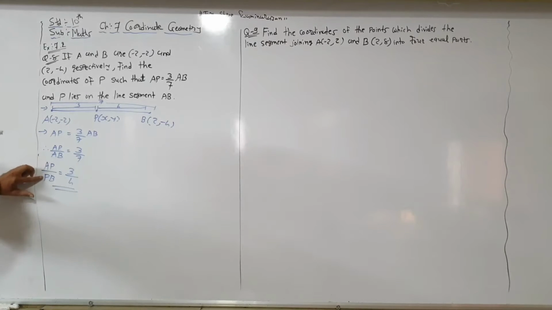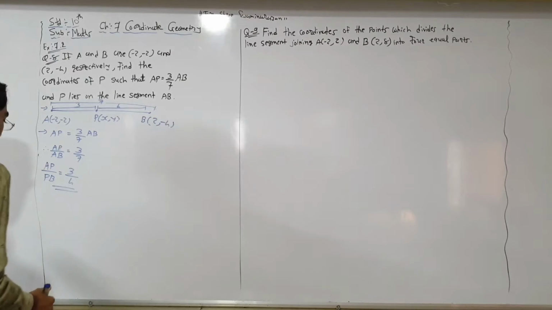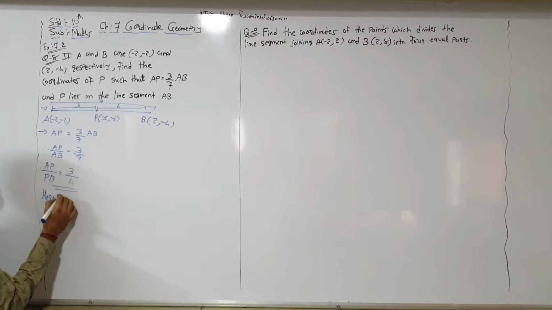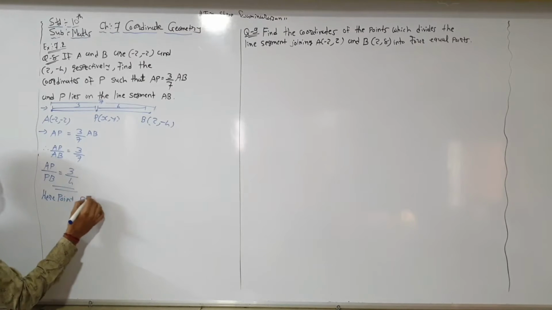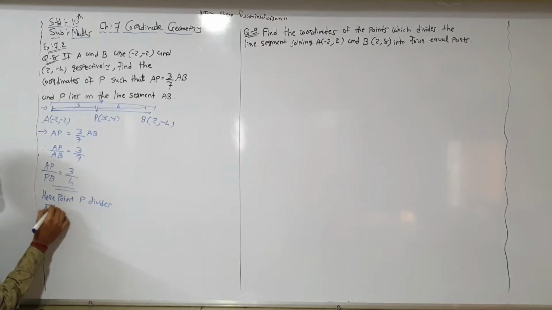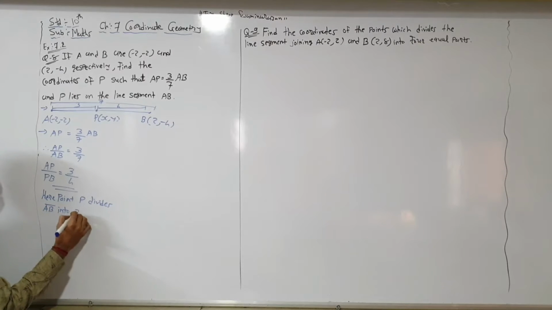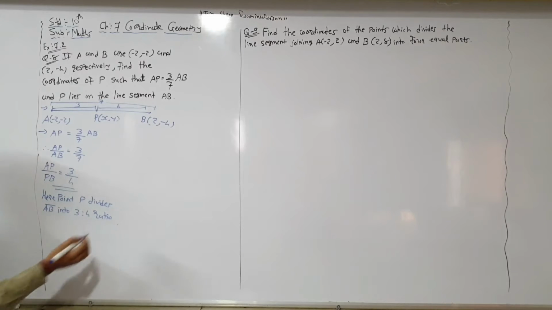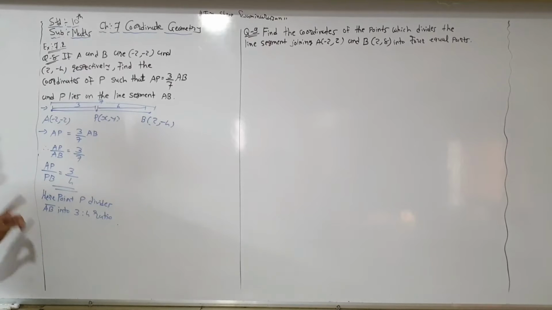It is AP upon PB, 3/4. It means that here point P divides line segment AB into the ratio 3:4.